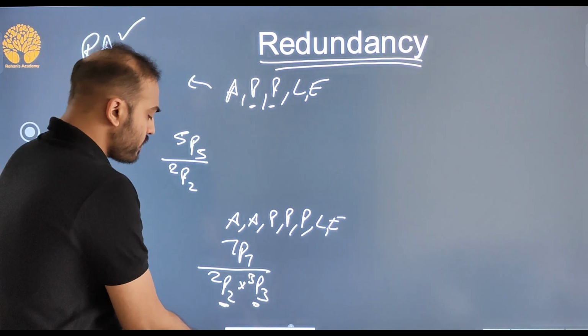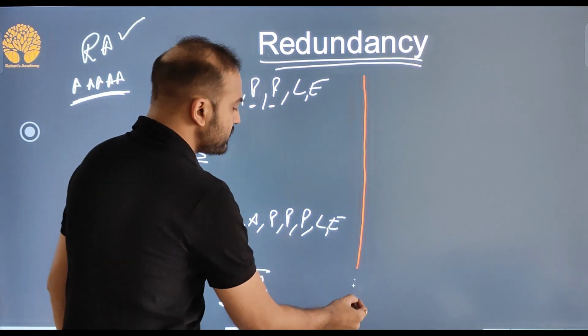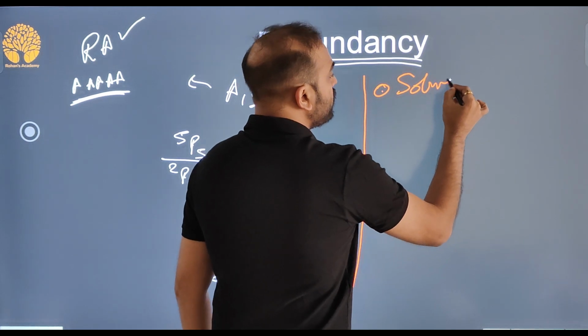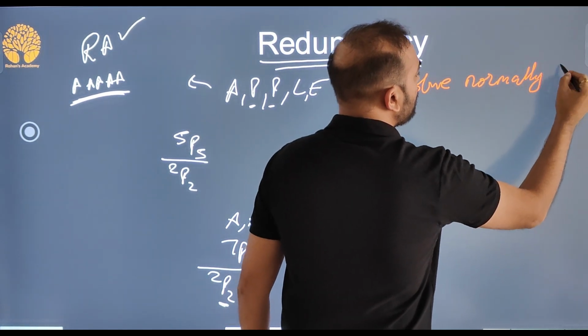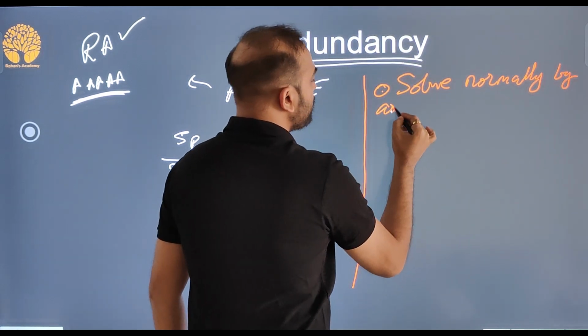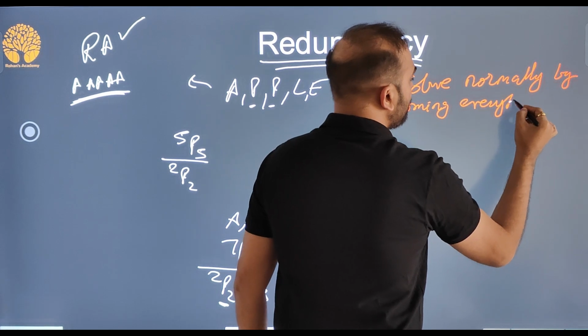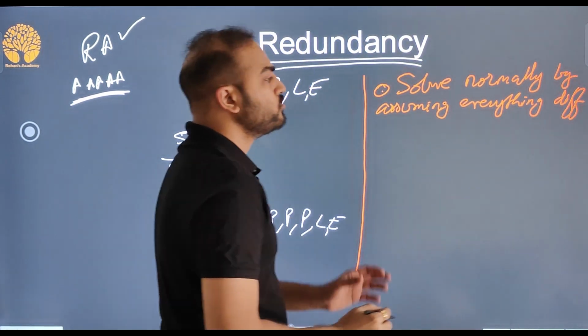So again, if you want to solve the questions in case of redundancy, what do we do? Simple. Solve normally by assuming everything different. Solve the question normally.